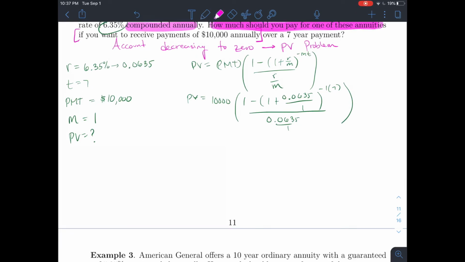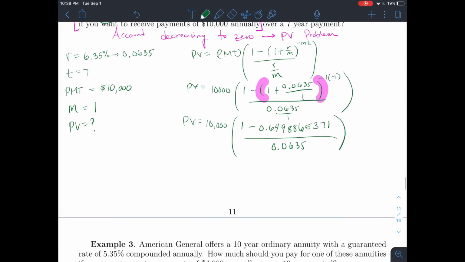Alright, let's simplify the most inner parentheses as always. And that's going to become 1 minus 0.6498865371. That will be all over 0.0635.